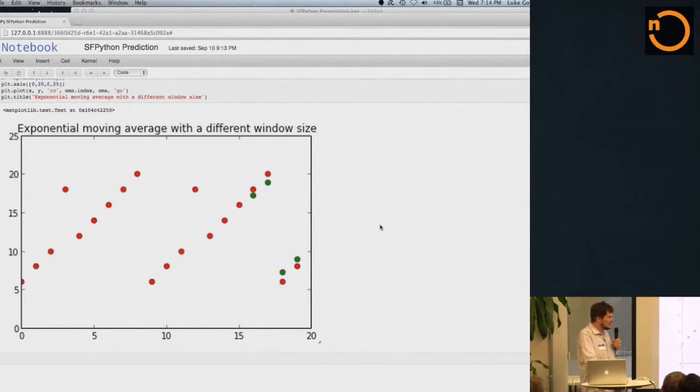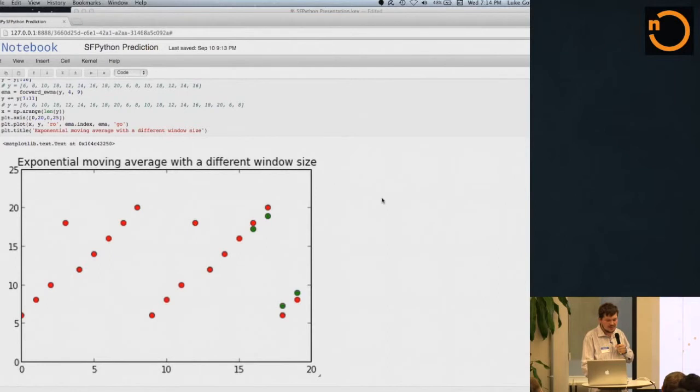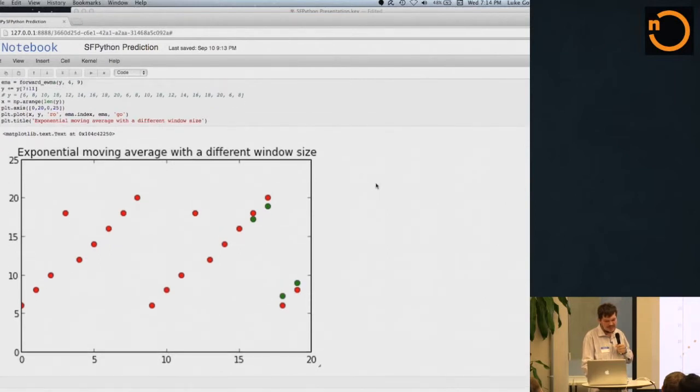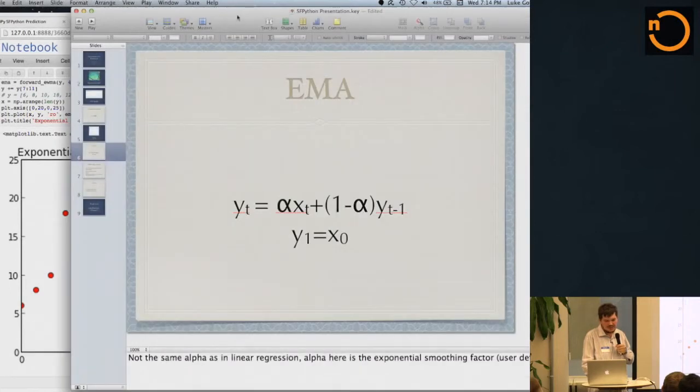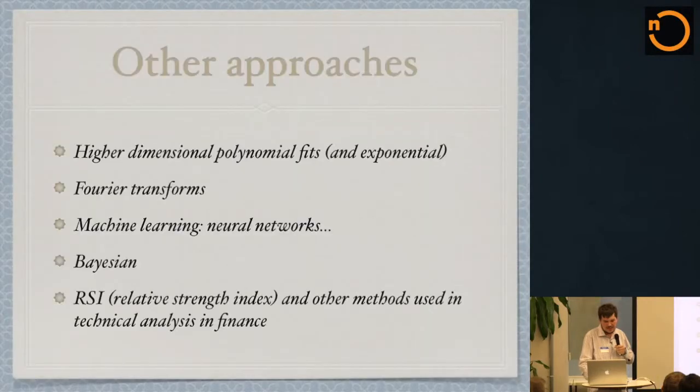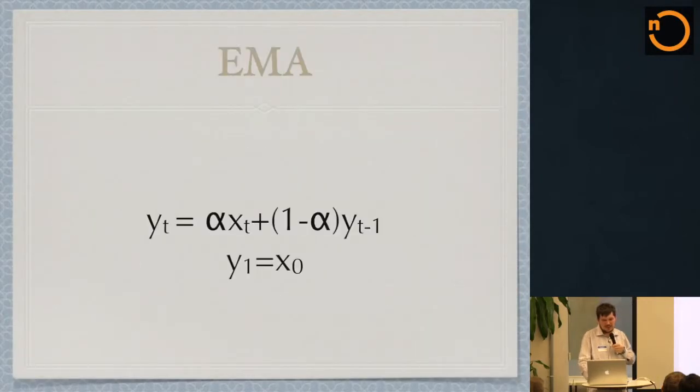Again, it's hard to tell whether this is going to translate well to other graphs, but we can see here that it does a pretty good job with predicting this cyclical data, and the actual computation involved is not that intense. There's a library available for both exponential moving average and linear regression, and again, you can see that in the IPython notebook.